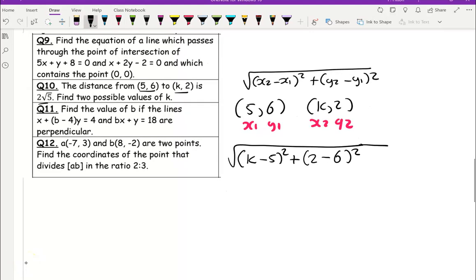Keep in mind we know that the distance between the two points is 2 root 5, so we know our answer equals 2 root 5.